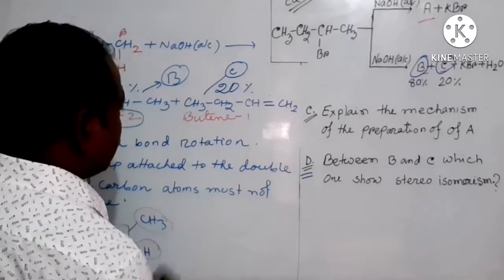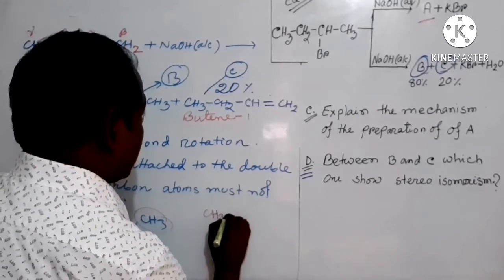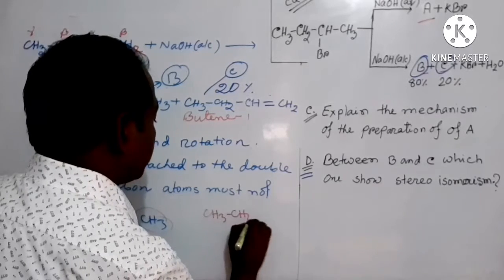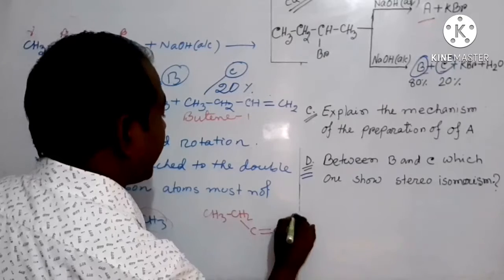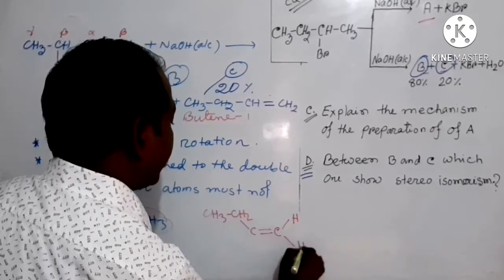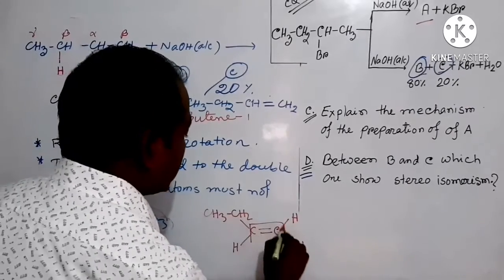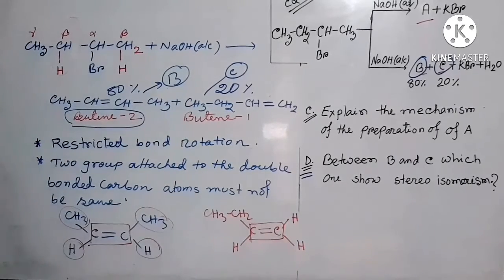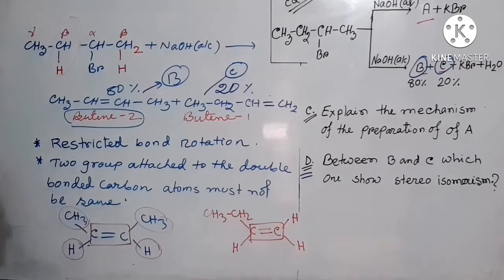But if we see the compound C, that is CH3CH2CH=CH2, this bond is a restricted double bond because no rotation occurs due to the double bond.